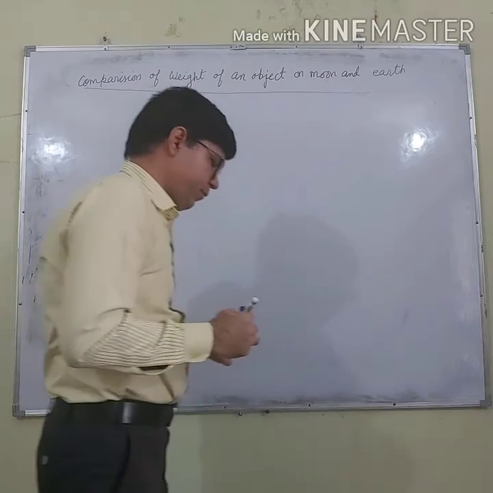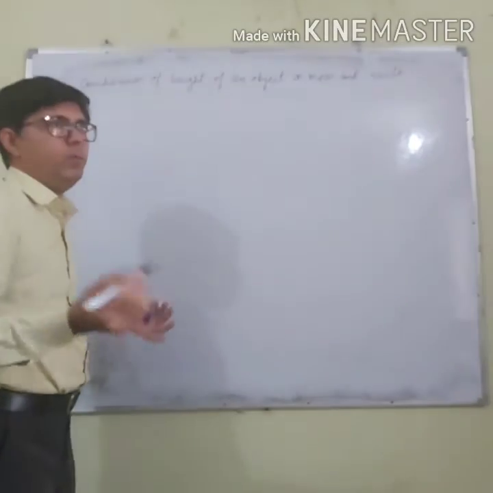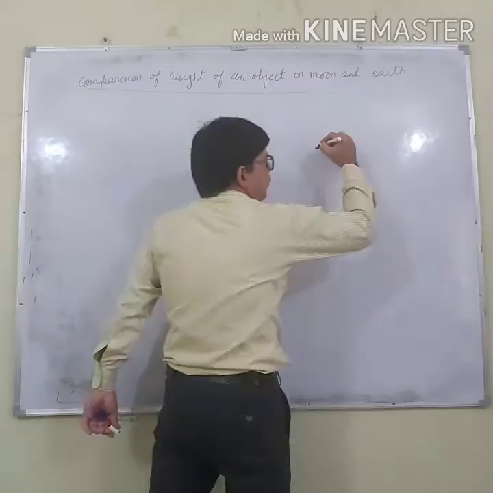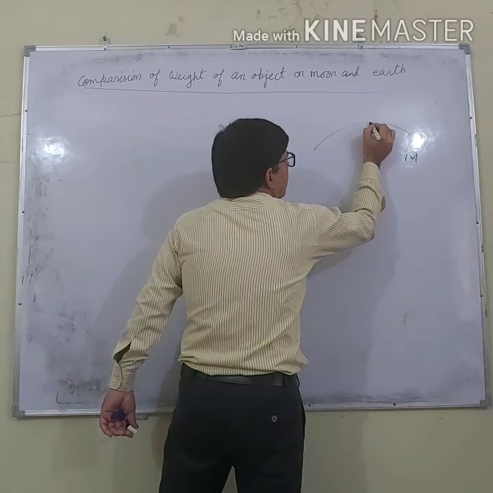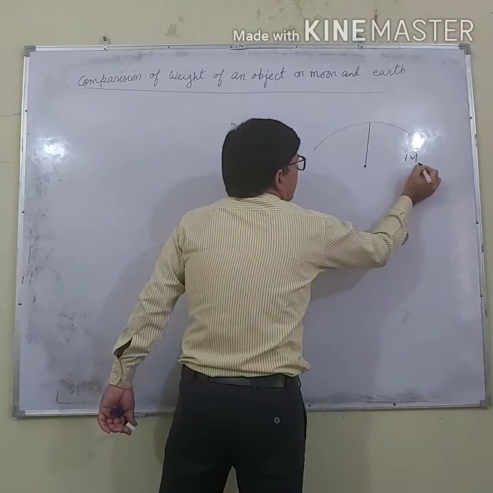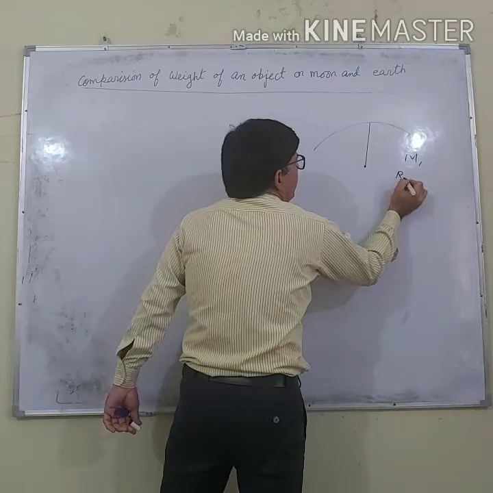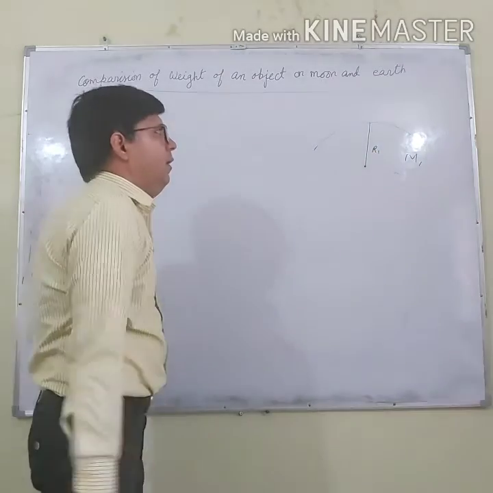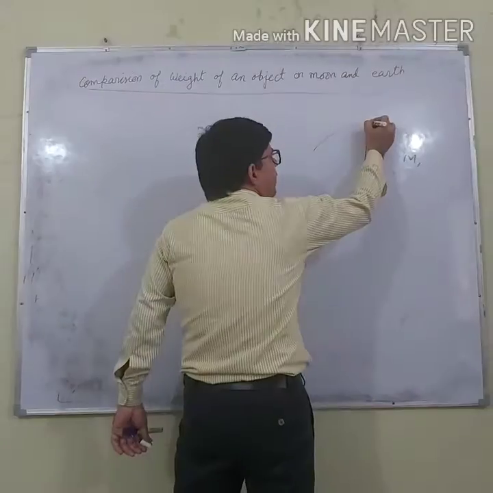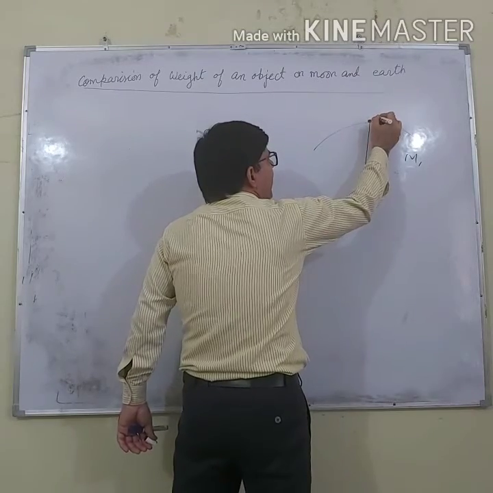Let us say there is an object. This is the moon. Its mass is m1 and its radius is r1. And there is an object whose mass is m.